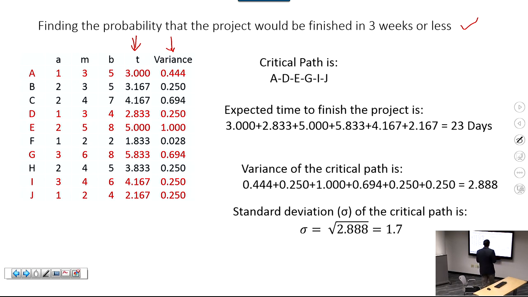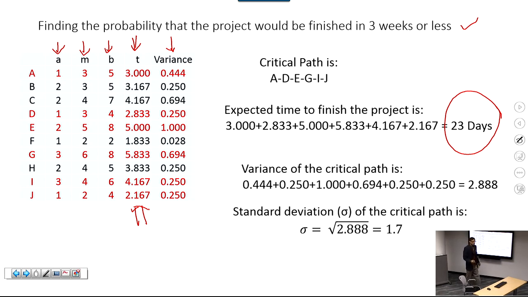All right, so now what does this expected time of 23 days mean? Okay, so remember, this is an estimated time, because we are not in a single time scenario. You have 3 time estimates here. You have A, M, and B, right? And from that, we came up with this expected time.